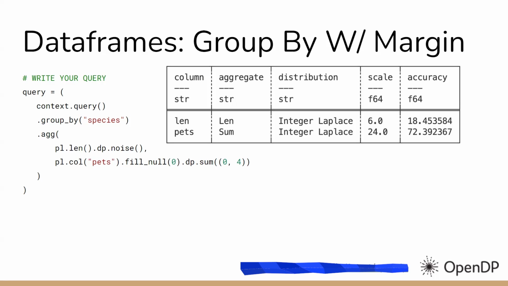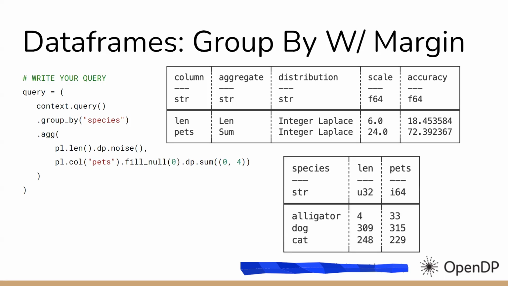It tells us what the noise scale parameters are, and the information you would need to construct confidence intervals around the DP releases that are made. And when we make this release, we find that there is indeed one student who owns a pet alligator. So watch out.